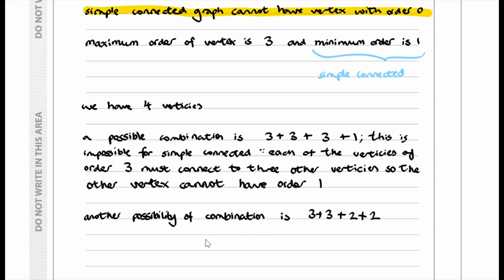Okay, and the reason this works is essentially this over here ensures that the 2 vertices of order 2, which are these two, and the two vertices of order 3, which are these two, are all connected to each other. Let's just write that down.